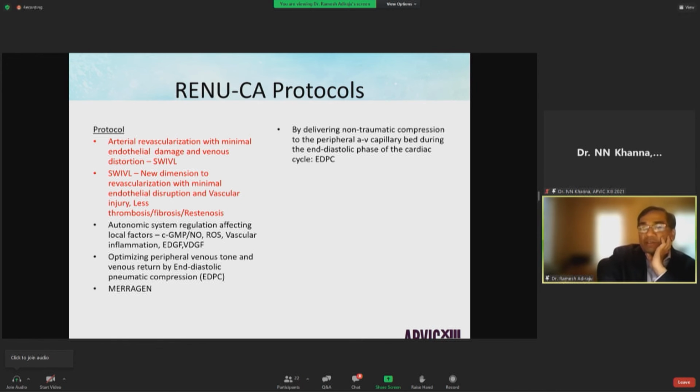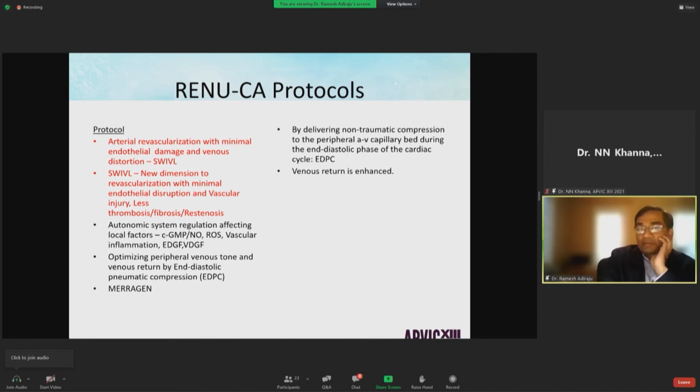The end-diastolic compression approach basically helps maintain the arterial venous capillary bed and improve peripheral arterial integrity and reduce peripheral venous hypertension, which is the underlying cause for most of these chronic ulcers, venous stasis disease.